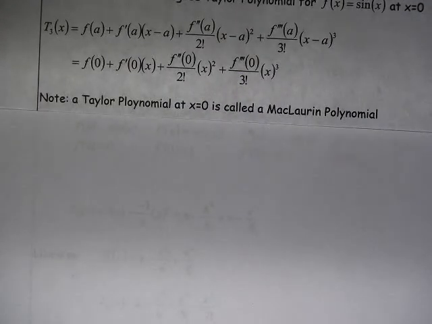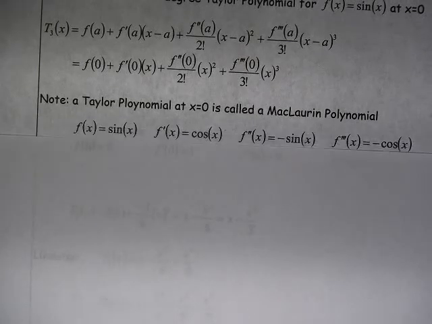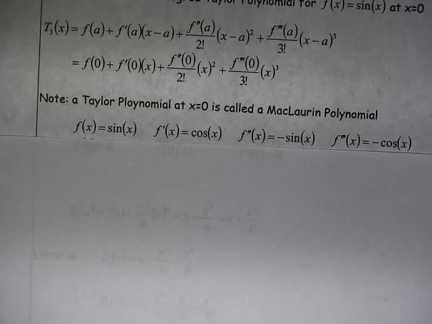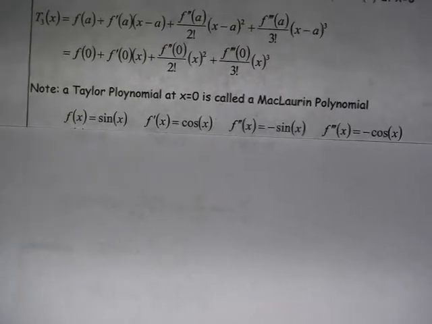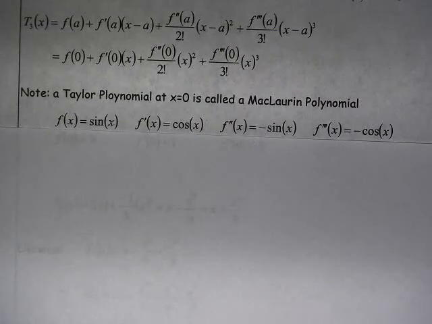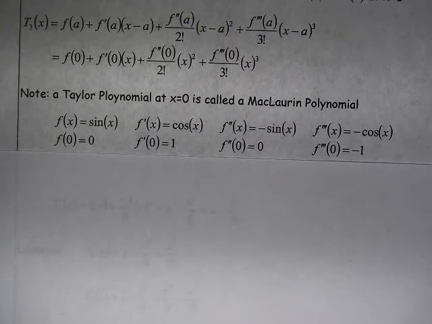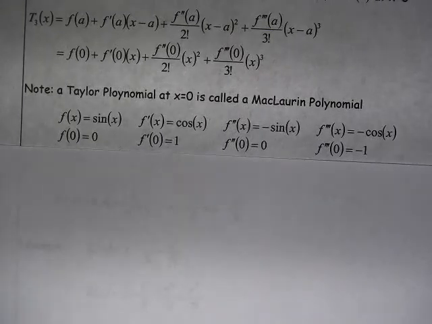Any Taylor polynomial that's centered at x equals 0 is called a Maclaurin polynomial. So I need the first, second, and third derivatives. I have f of x, f prime of x, f double prime of x, f triple prime of x, and then I need to evaluate those at 0.